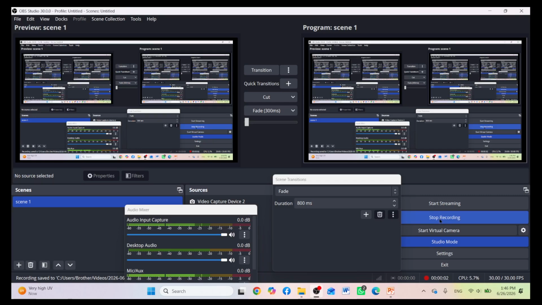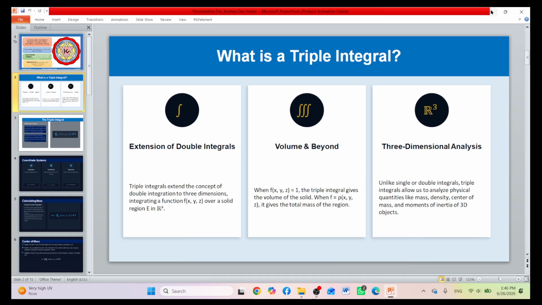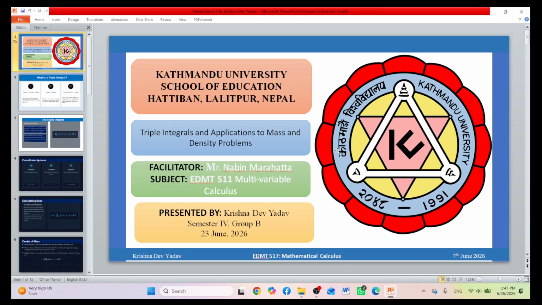Okay, good morning, everyone. Today I'm going to present my topic on triple integrals and applications to mass and density problems.